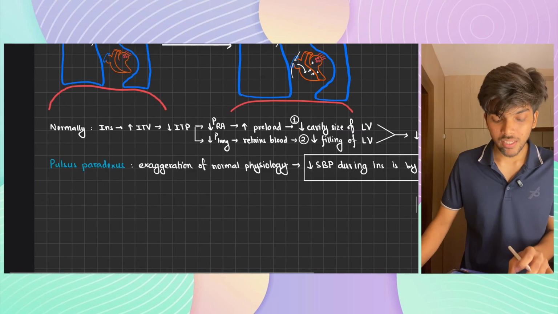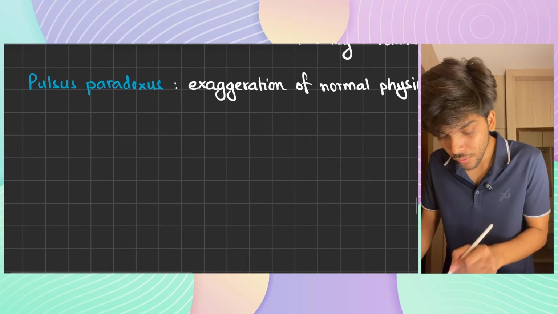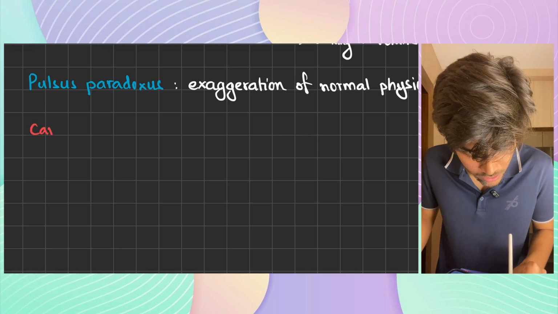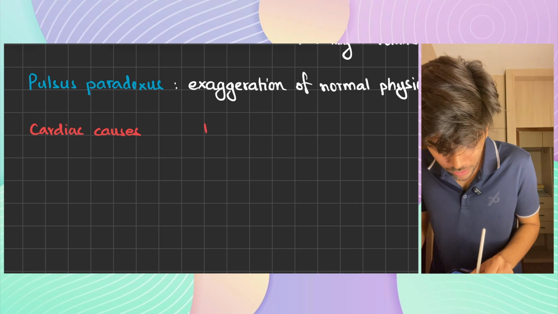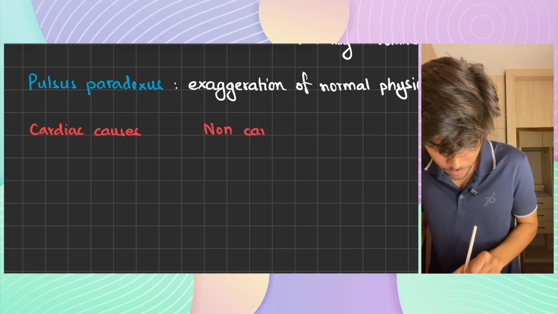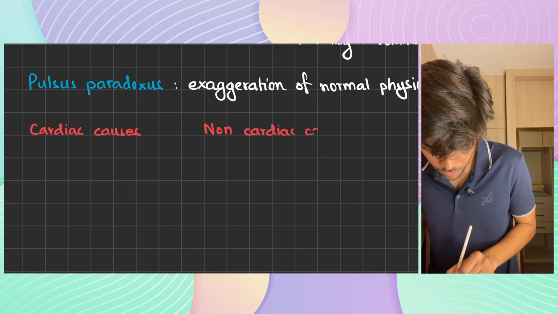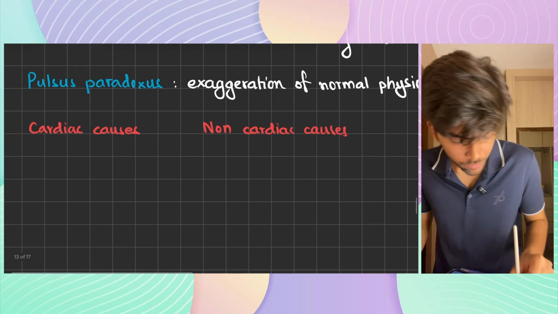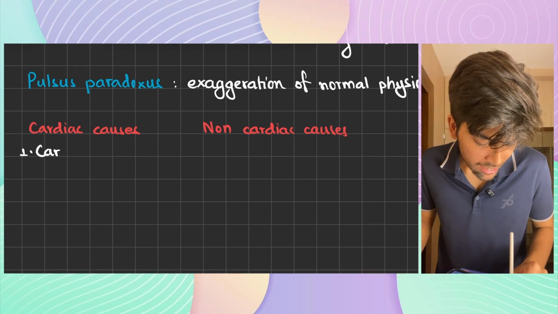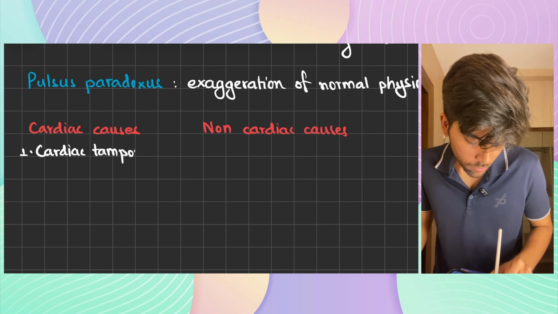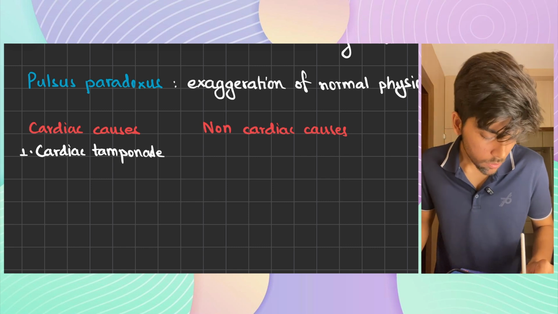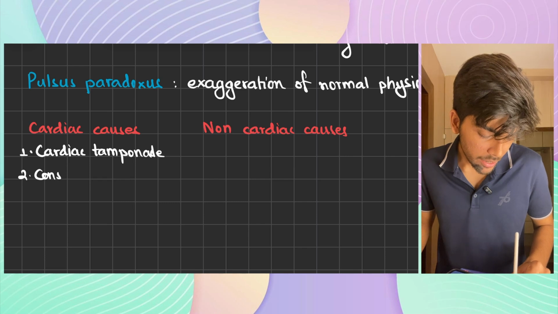Pulsus paradoxus is seen in pathologies associated with cardiac causes and non-cardiac causes. The cardiac causes are number 1, cardiac tamponade, number 2, constrictive pericarditis.